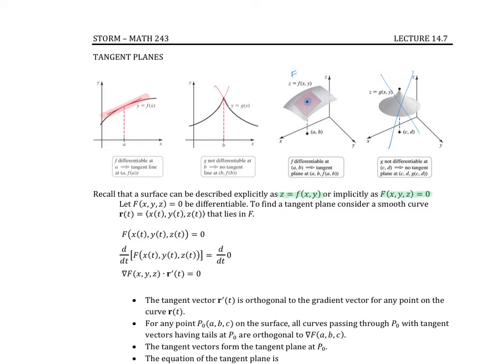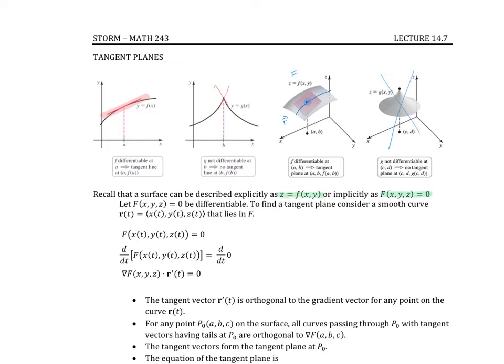Now let's suppose that we have some curve that passes through this point A, B on the surface. So we just have some random curve that I'll call R. We're going to define the tangent plane by first looking at the definition of our explicit form.